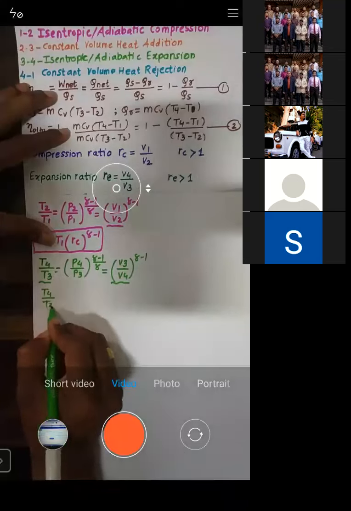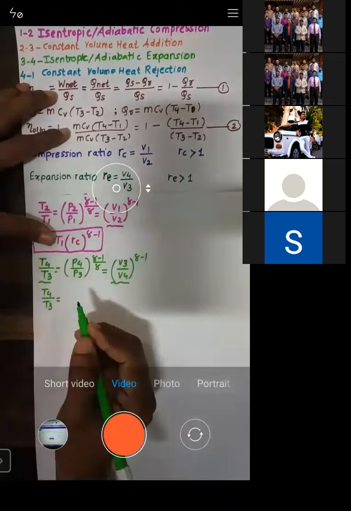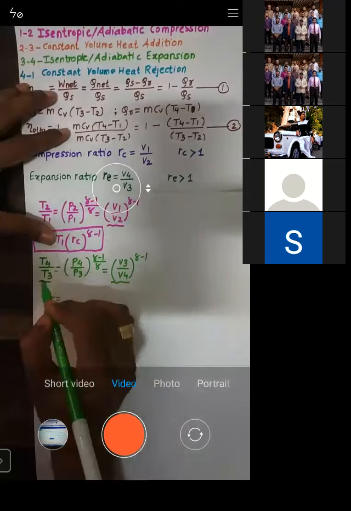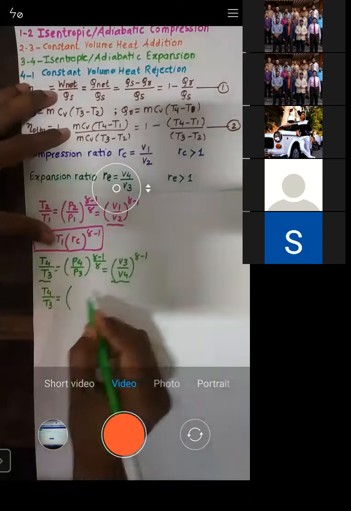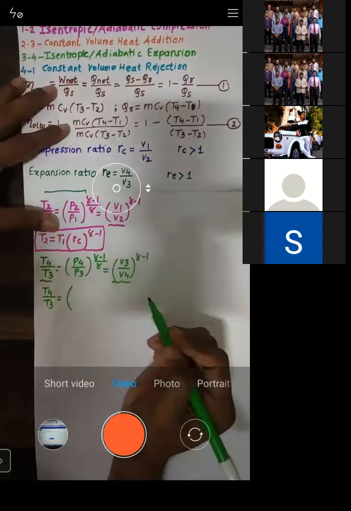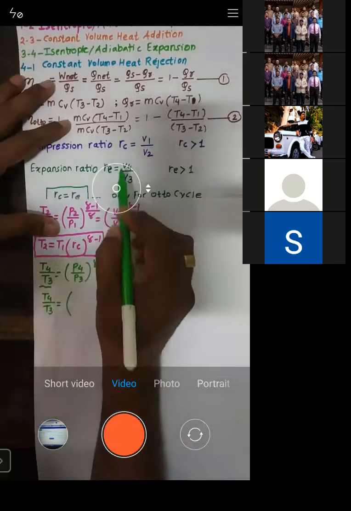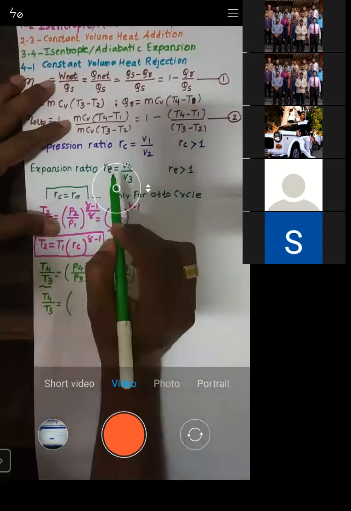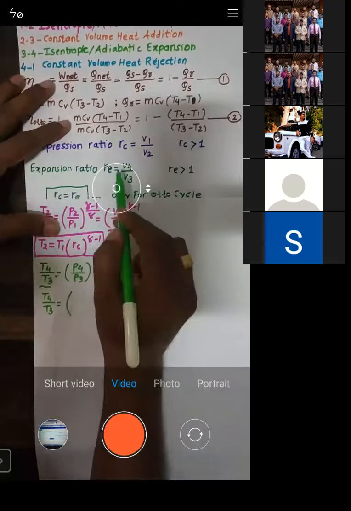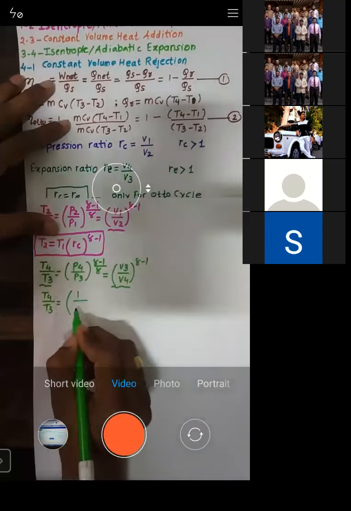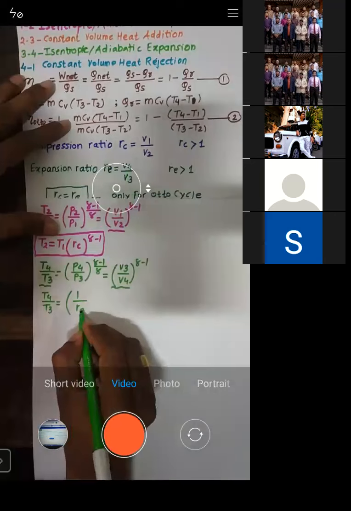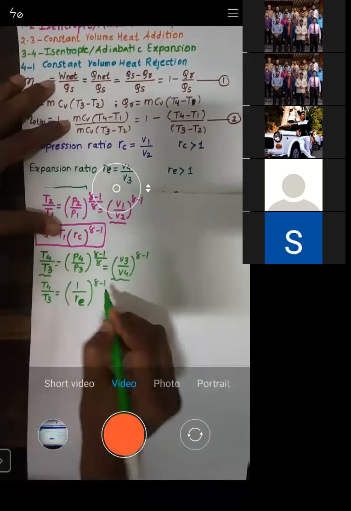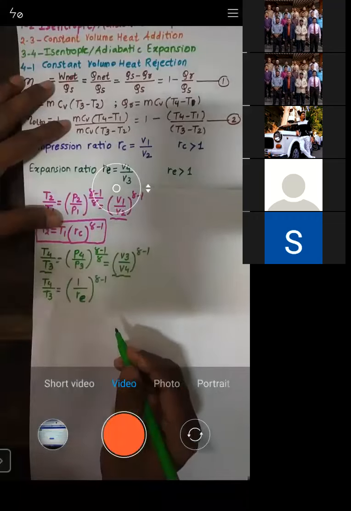T4 by T3 is given by, I will equate this now. What is V3 by V4? See, V4 by V3 is RE, right? So what is V3 by V4? It's 1 by RE, raised to power gamma minus 1.